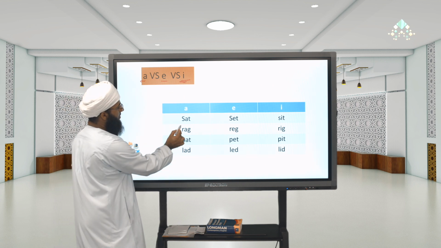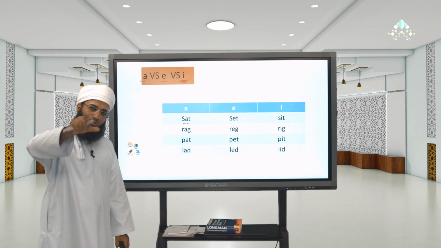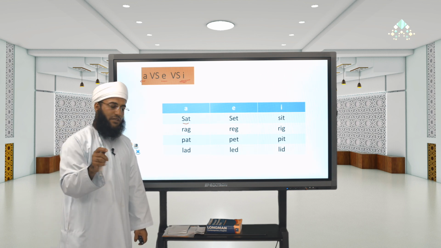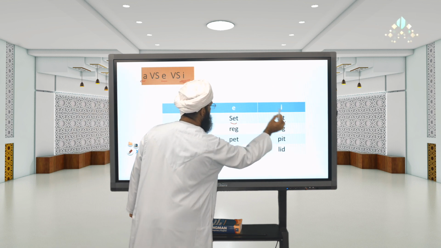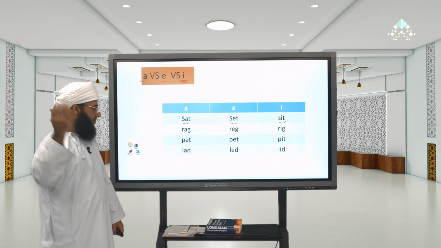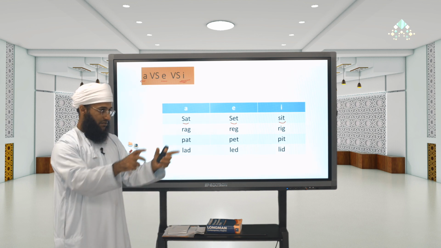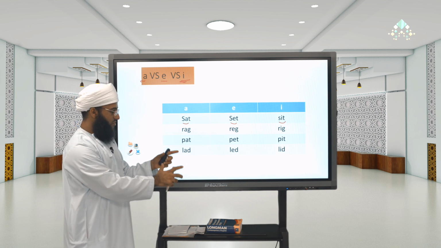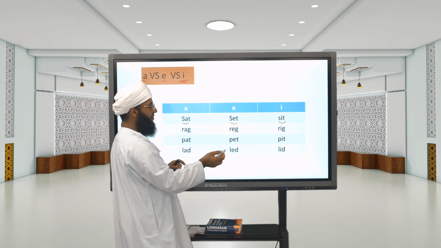So look at this. Sat. See, it's one sound, but it will give you totally different words. Sat, set, sit. Sat is in the past. Set means to prepare something, set something, or fix a device or something, set it up.